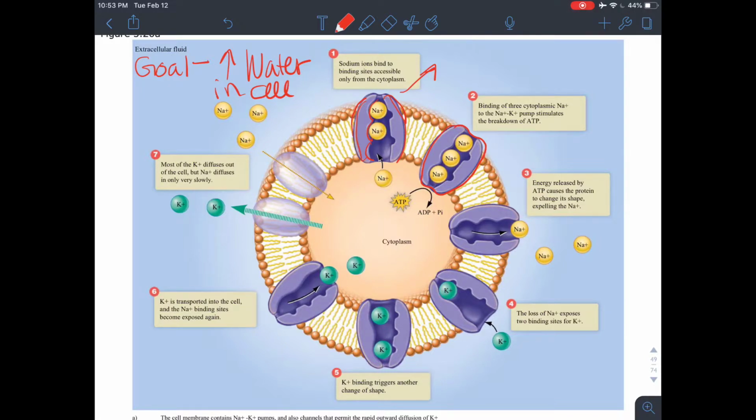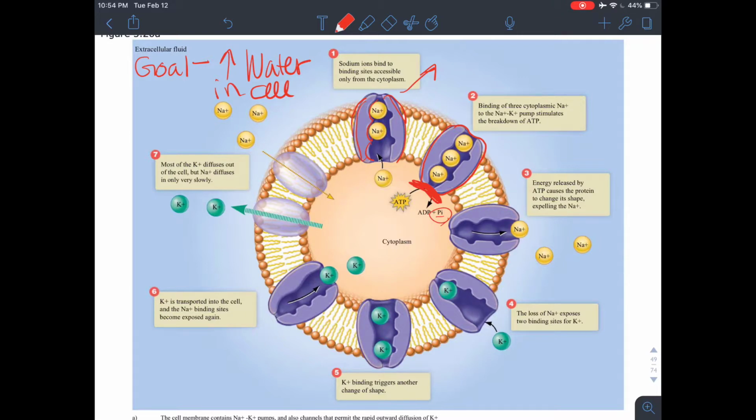Now nothing happens to it until it reacts with the energy taken from this ATP. So ATP comes along and it reacts with some region of this protein which causes the release of this high energy phosphate. Actually, the phosphate's not high energy, but the bond between the ADP and this third phosphate is a high energy bond.